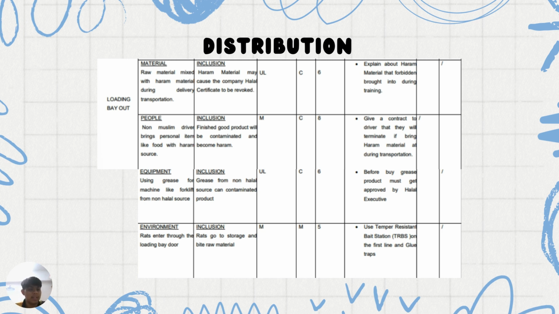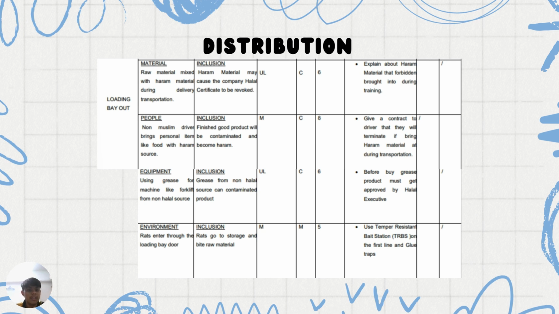Next one is people. A non-Muslim driver brings personal items like food with haram sauce. Like, the non-Muslim driver eats pork, right? And also they drink alcohol. Who knows, maybe it will be mixed with the halal product that we made.